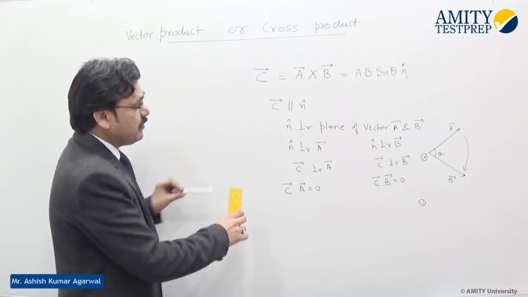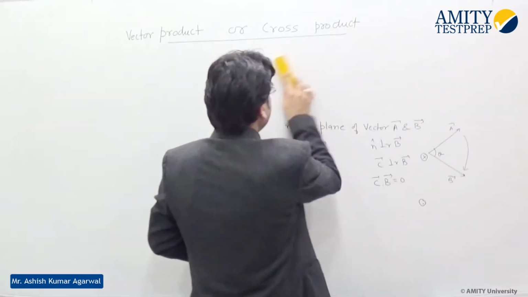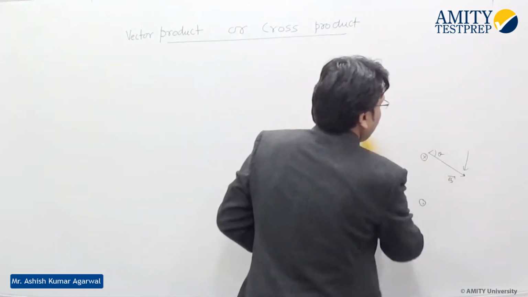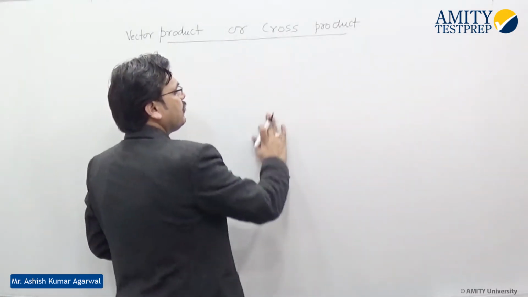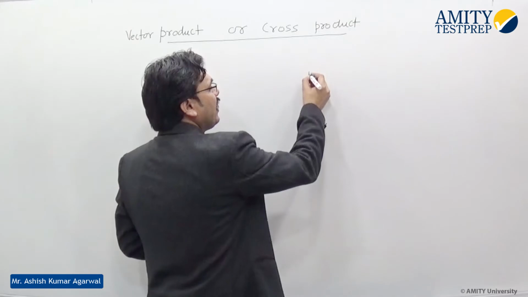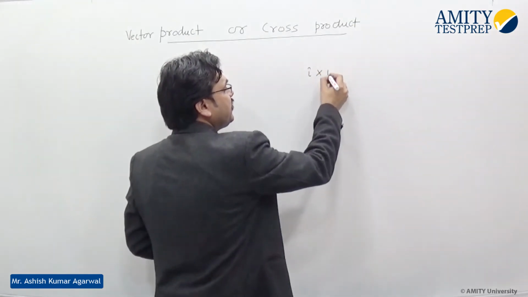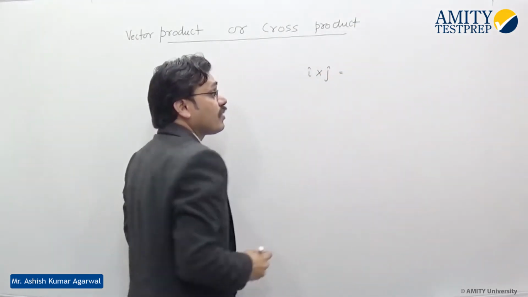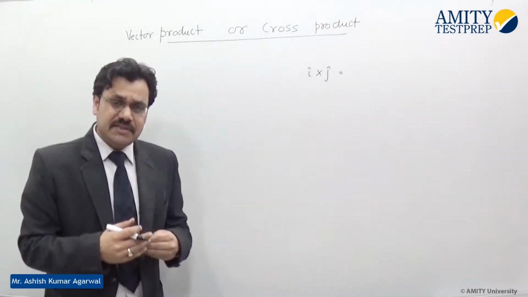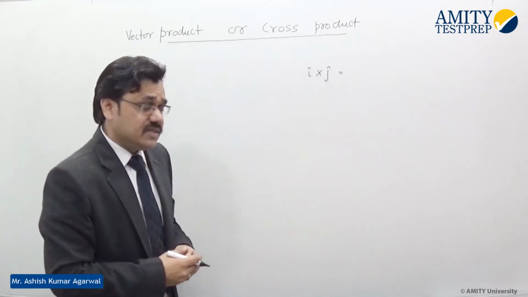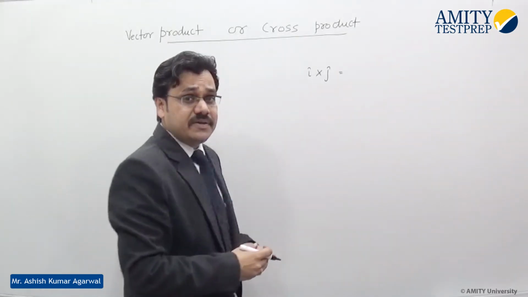I think this is very much clear. Now I will take an example of how you get a cross product. For example, if I take i cap cross j cap, i cap is a unit vector along the x-axis, j cap is a unit vector along the y-axis.